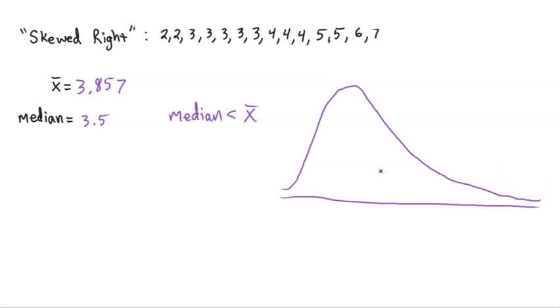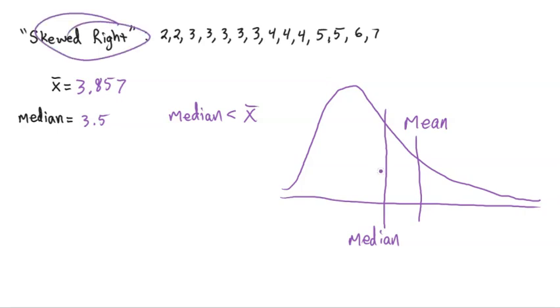And so in this situation, the mean will be over to the right, and the median will be closer to the left, okay? So this is 0 down here, and this is maybe 100 up here, okay? And so the mean is larger than the median, or the median is smaller than the mean. When that happens, the data set is skewed right, okay?